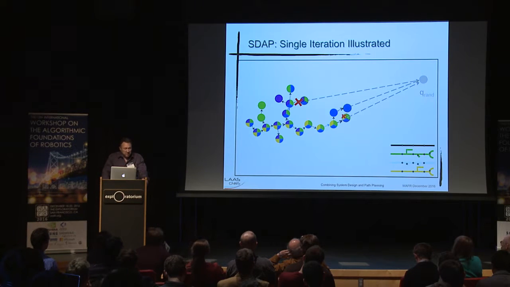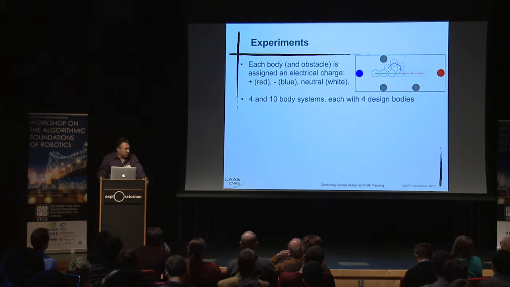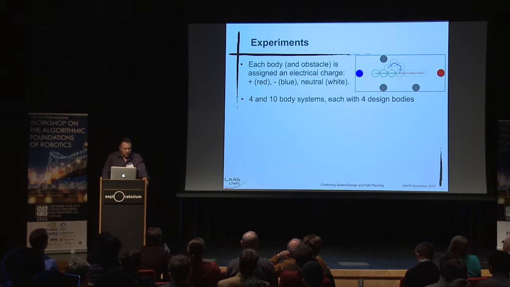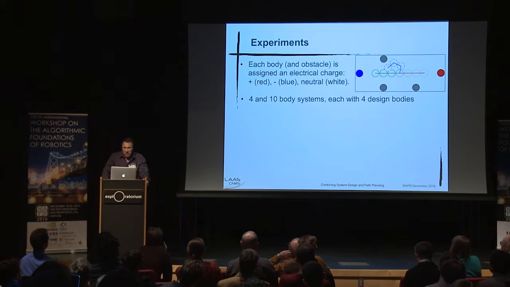So to test this approach, we needed a simple system that would allow us to baseline this method. So we came up with this articulated linkage, and the design features for this linkage are actually electrostatic charges, where the charges can be positive, negative, or neutral. And we tested this with both a 4-body system and a 10-body system to see how it would perform as we increase the number of degrees of freedom.